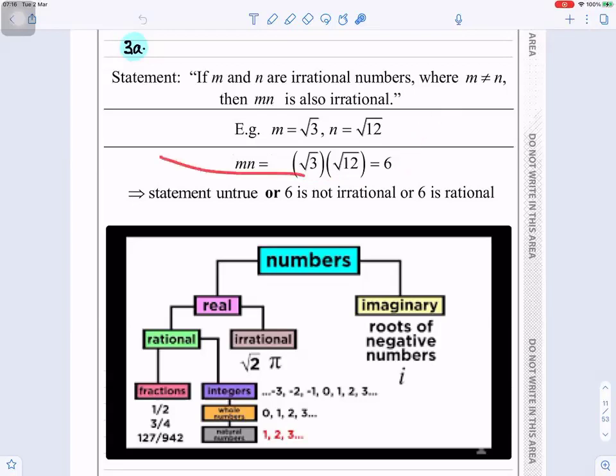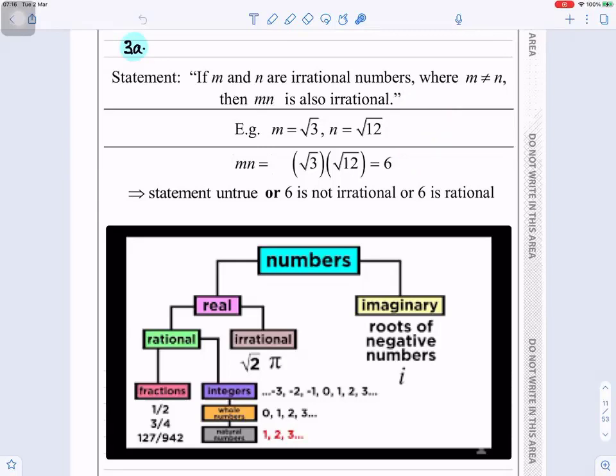Or you can just do 12 times 3 and then square root, which is square root of 36, which is 6. And you can say the statement is untrue because 6 is not irrational. 6 is rational. So you've given one example of where it is not correct. You use one irrational number and another irrational, multiply them to get a rational number.